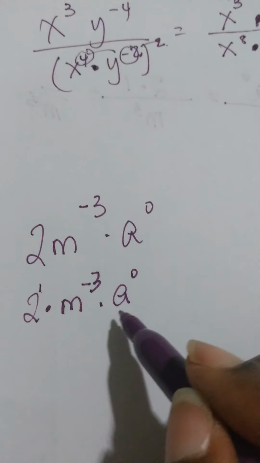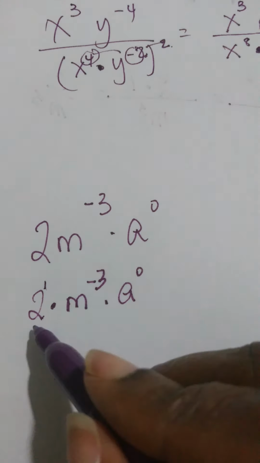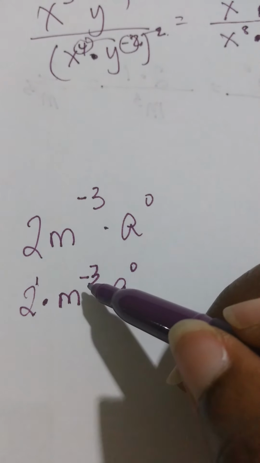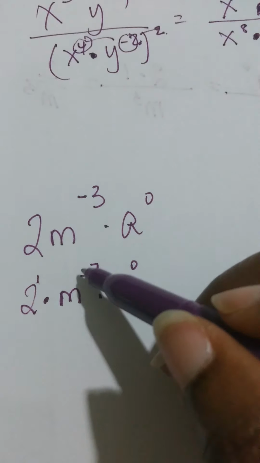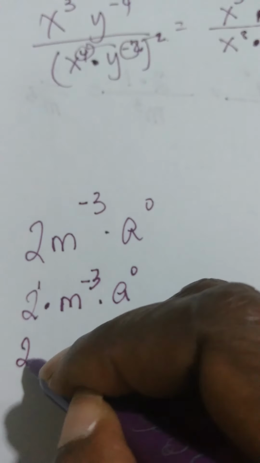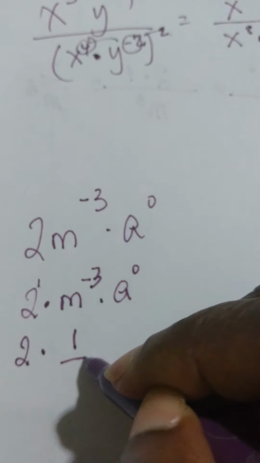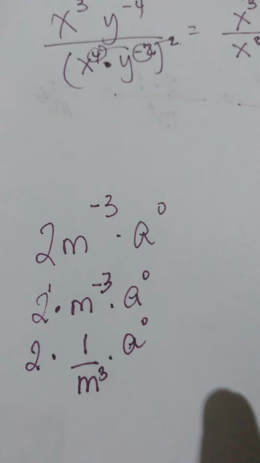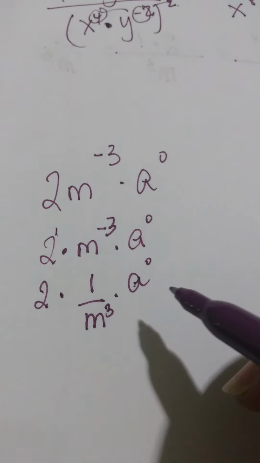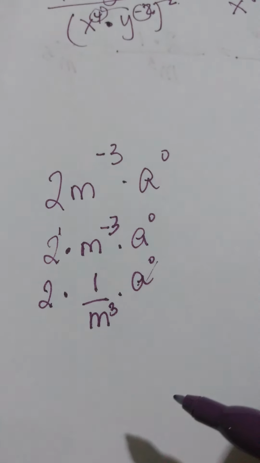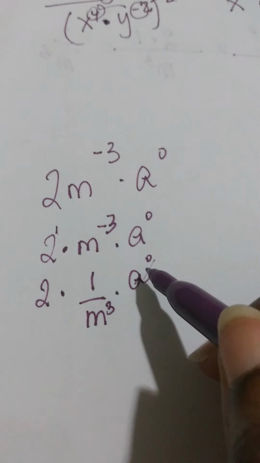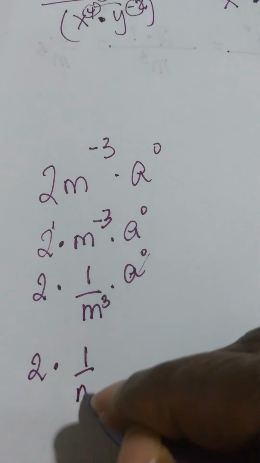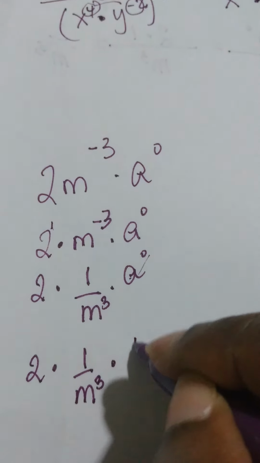I cannot combine anything here because nothing has the same base, but I see a negative exponent. And that tells me that this thing needs to flip. So now I have 2 times 1 over m cubed times a to the 0 power. Remember what we talked about with 0 power. That just means 1. So now I have 2 times 1 over m cubed times 1.